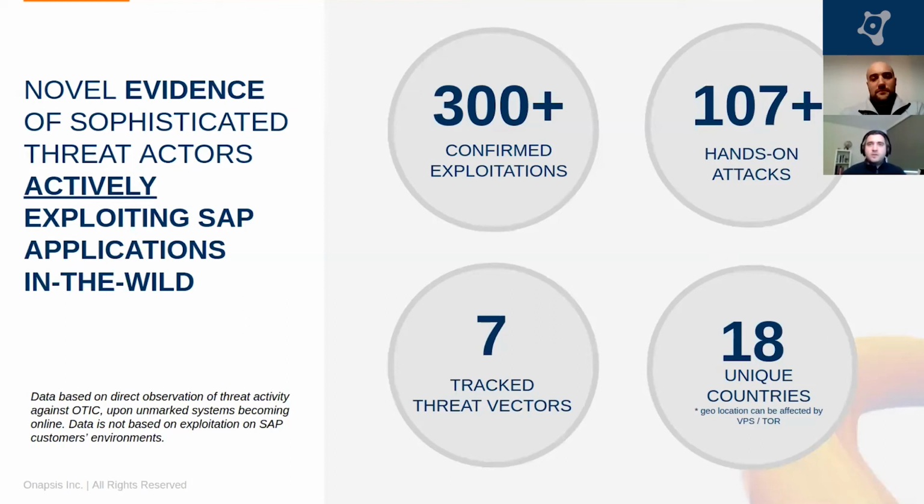We're getting to what things they did, but really connecting to the system and interfacing with the SAP application. We tracked over 7 threat vectors, meaning CVEs and CWEs, coming from 18 unique countries. Now that's really subjective because they also use Tor nodes, VPCs and other technologies. So one attacker, for example, came from 5 different countries and a number of different IPs for different phases, but it's still a good data point to understand the spread of this.